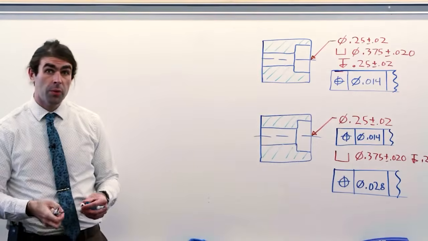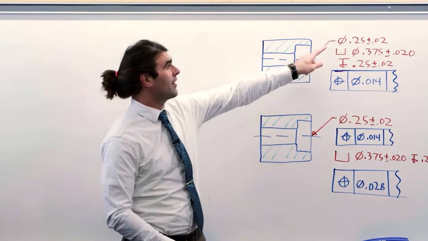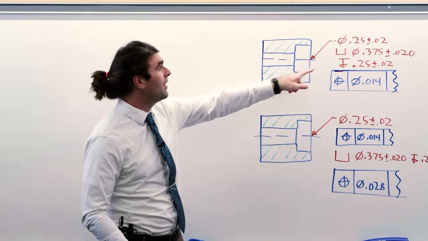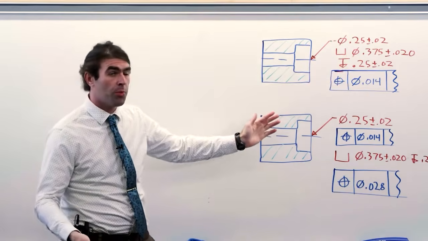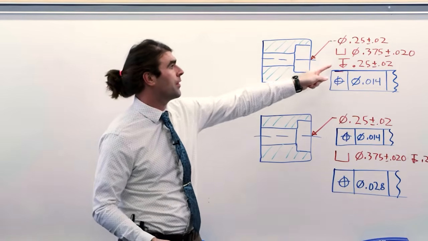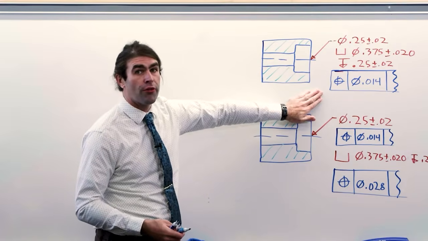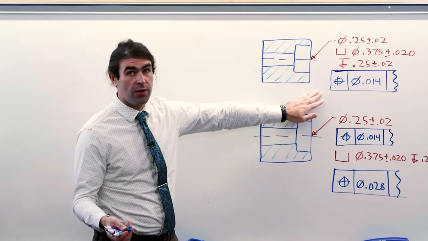So the most common way a counterbore is put on a drawing is like so. We've got the diameter of the through hole, which always comes first. We've got the counterbore symbol, and then the diameter of the counterbore, followed by a depth either below it or beside it. And then we've got a feature control frame that indicates both of these are going to be to whatever the datum reference frame is.